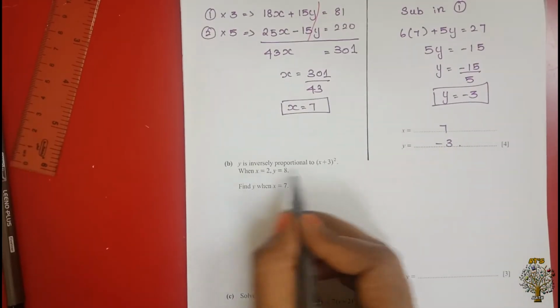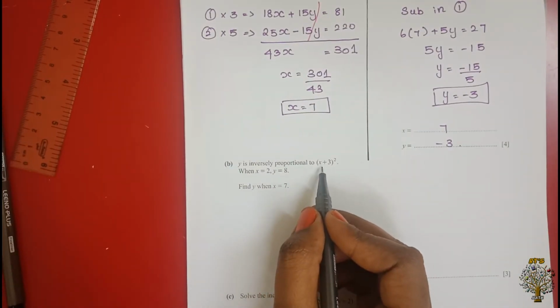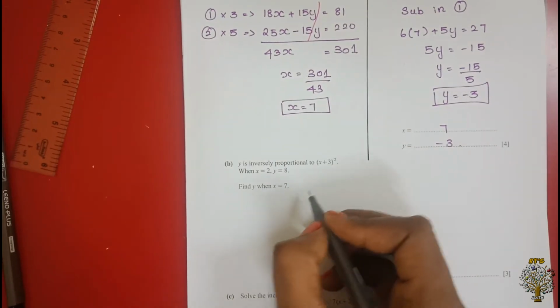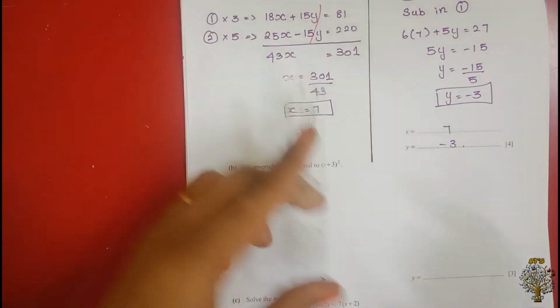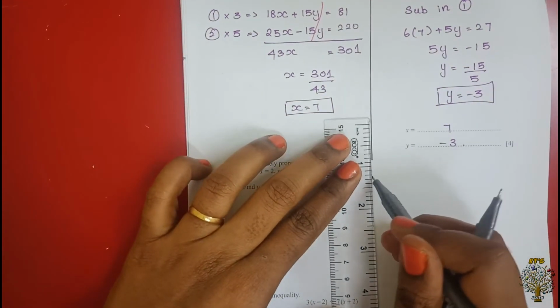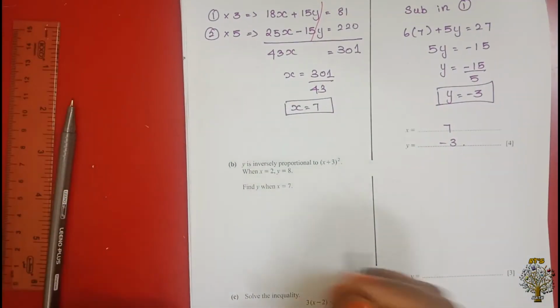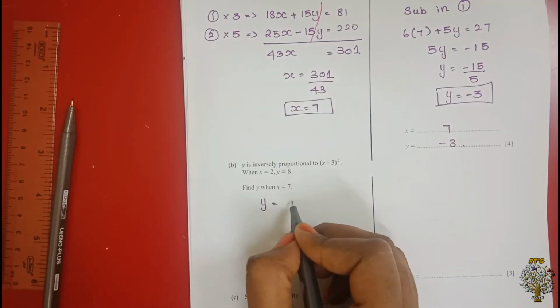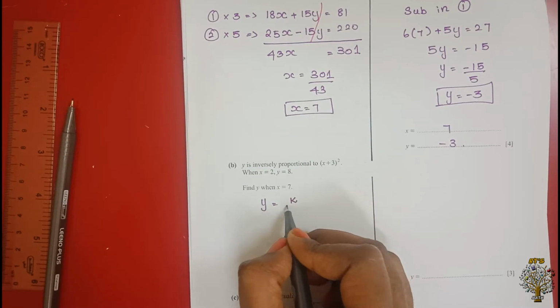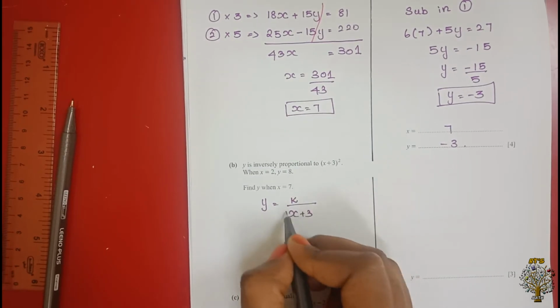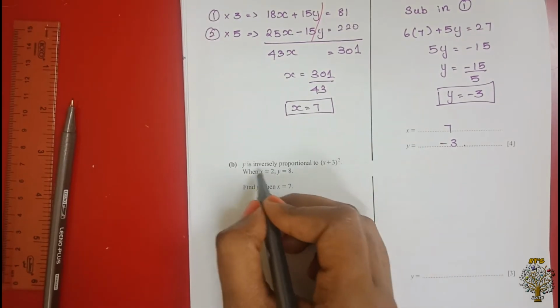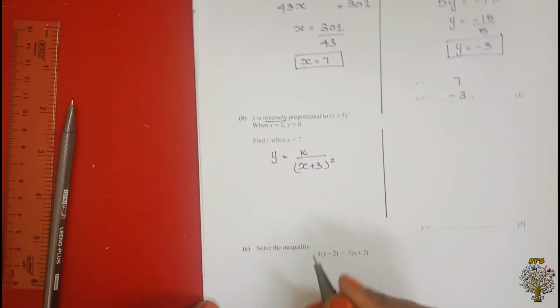Now y is inversely proportional to x plus 3 the whole square. So first we will write here, we will draw a line again if we need, that will be comfortable. Okay, y is equal to proportionality, I have a constant k, divided by x plus 3 the whole square. Y means inversely, that's why we are writing in denominator.